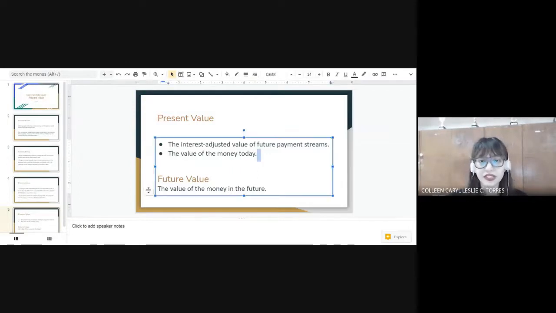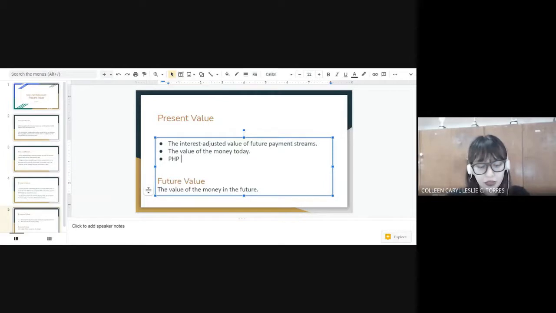So to reiterate that point, the formula that we were using earlier for present value was found in the book.